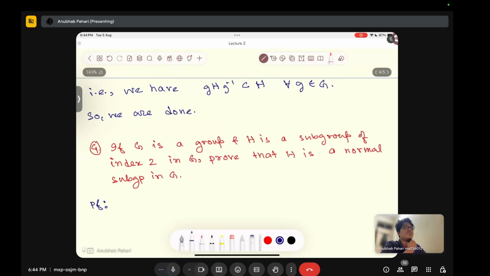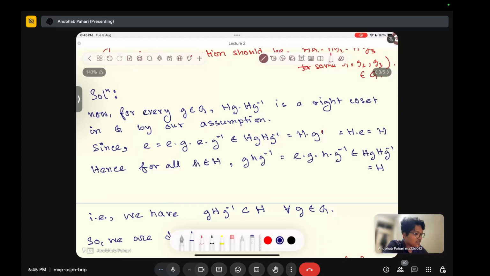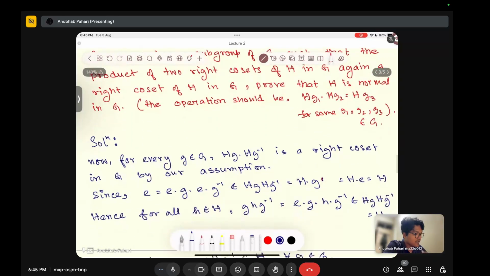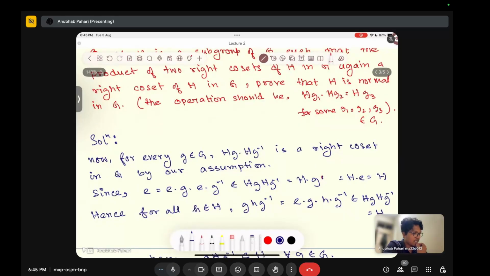You have used here Hg inverse is H. I am saying this is true, and we can proceed like this: since E belongs to Hg inverse and E also belongs to H, and two right cosets are either disjoint or equal, Hg inverse must be H.